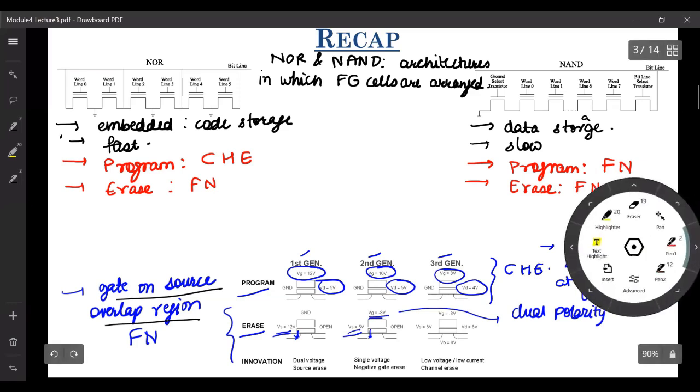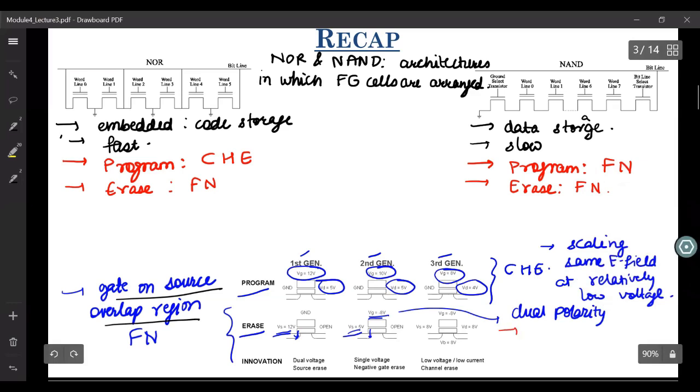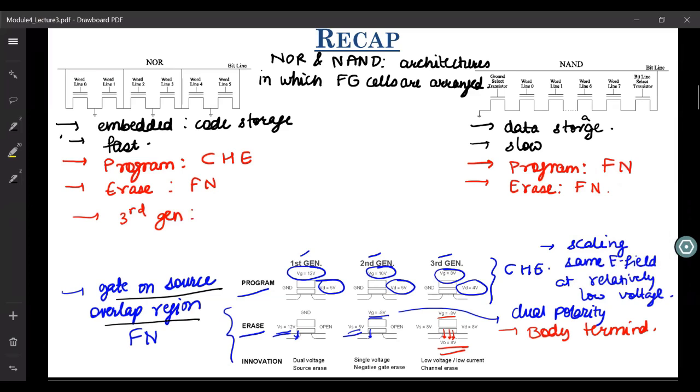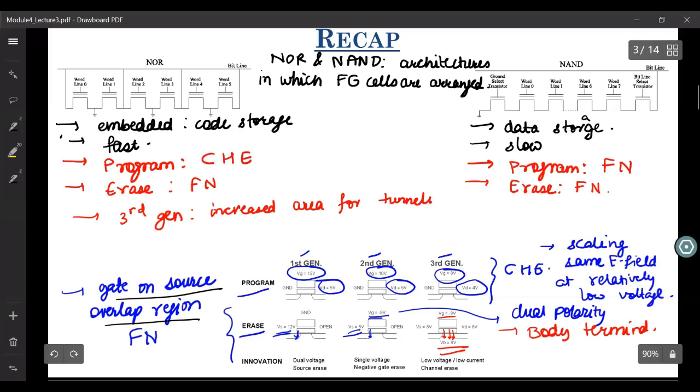The best innovation came in the third generation when they started using the body terminal. They applied a positive potential on the body and a negative potential on the gate. So now the entire channel could be used for erasing. The third generation, that is the use of the body terminal for erasing, increased your area for tunneling, and therefore it increased your erase speed.